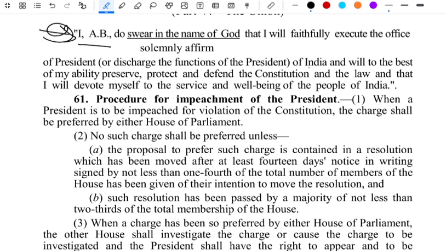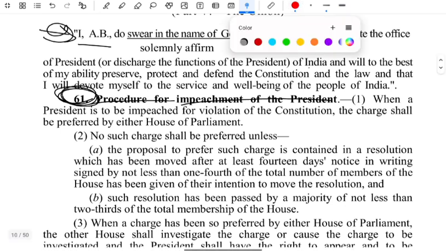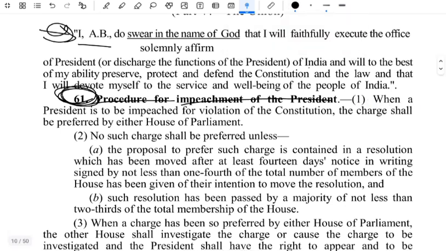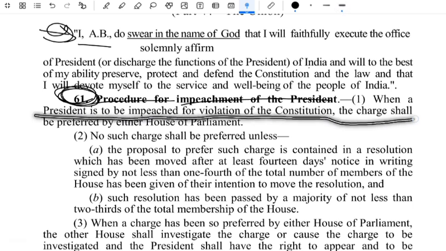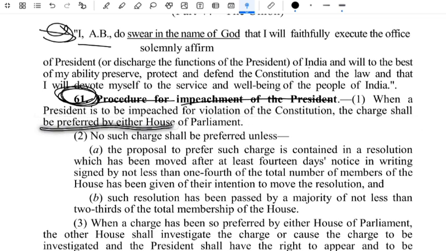Okay. Article 61 says the procedure for impeachment of the President. So Article 61 has the procedure for impeachment of the President. It says that when the President is to be impeached for violation of the Constitution, the charge shall be preferred by either House of Parliament.